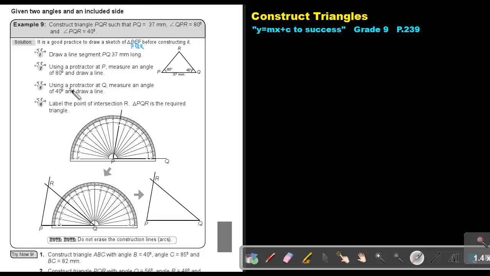Then move your protractor to Q, mark the point at 40 degrees, and draw the line. Where the two lines intersect, label the point of intersection R. Triangle PQR is the required triangle. Do not erase the construction lines.